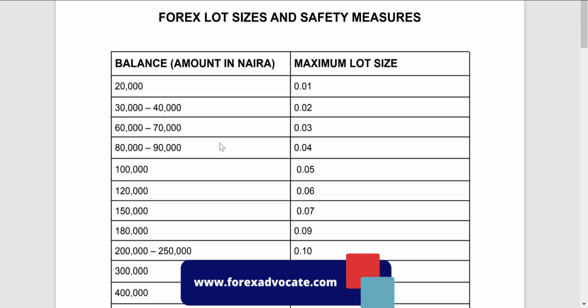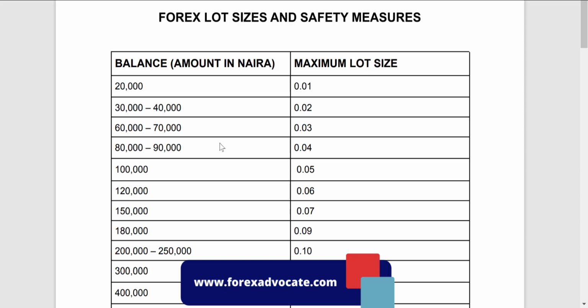Your account size will tell you the maximum lot size that you must use for that kind of trade, and your risk to reward ratio will tell you where you will place your stop loss. Even if the stop loss does not make any sense to another person, your own risk is what you will focus on to set your stop loss, along with your account size and the maximum lot size that your account size can carry. All these things are very important.